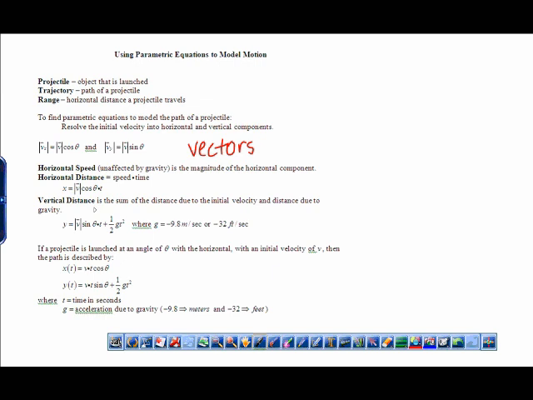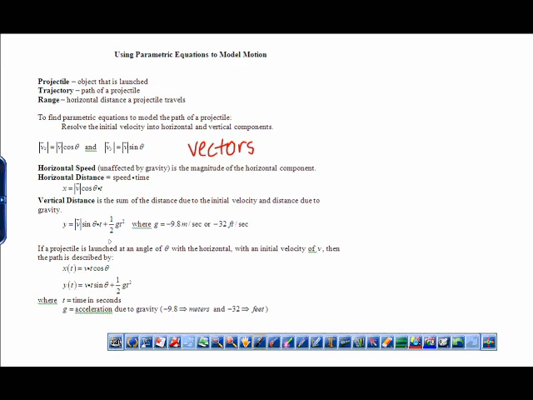The vertical distance is very similar, except that we have two different things going on. We have the distance due to the initial velocity, which affects the vertical speed, and we've also got gravity to deal with. So notice that this is the magnitude of the vector, sine theta, times t, very similar to the horizontal distance, except that it's sine.